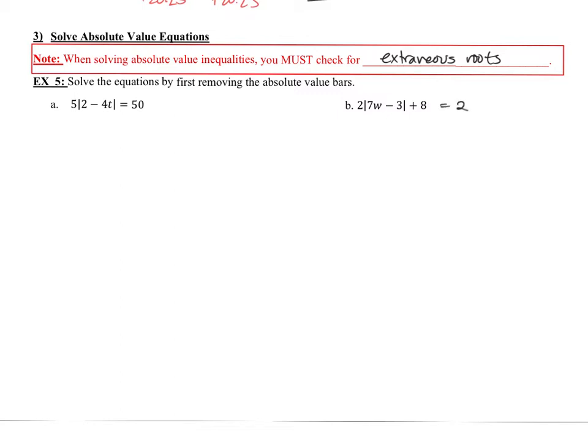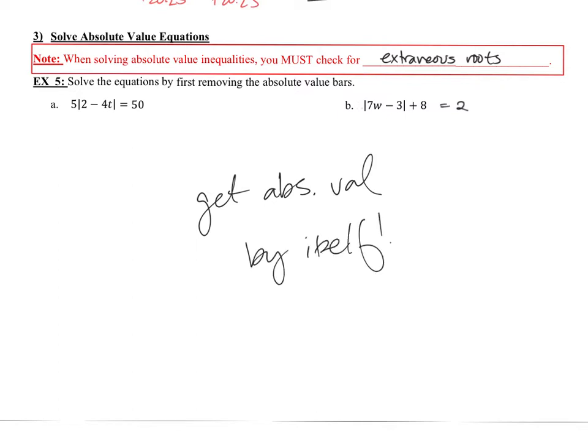That 2 should not be there. Hopefully I fixed that in your notes by the time you've got your notes. Okay. So, when we're solving absolute values, what we first want to do is get the absolute value by itself. First thing.